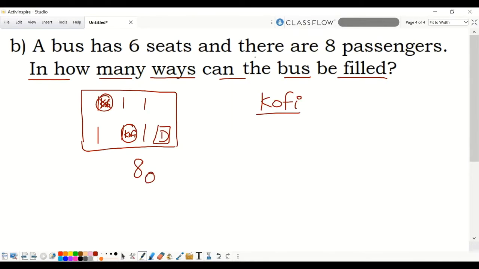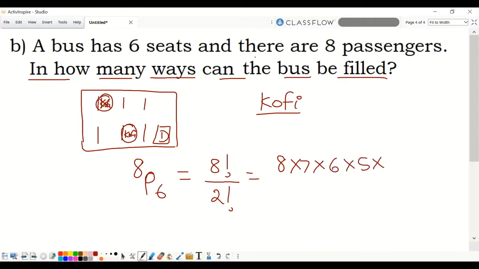We have to select any 6 out of them to sit here, and that will be your answer, which is 8 factorial, or you can use a calculator as well. So I will do 8 factorial divided by (8 minus 6) factorial, 2 factorial. And that comes out to be 8 times 7 times 6 times 5 times 4 times 3, which is 20,160.